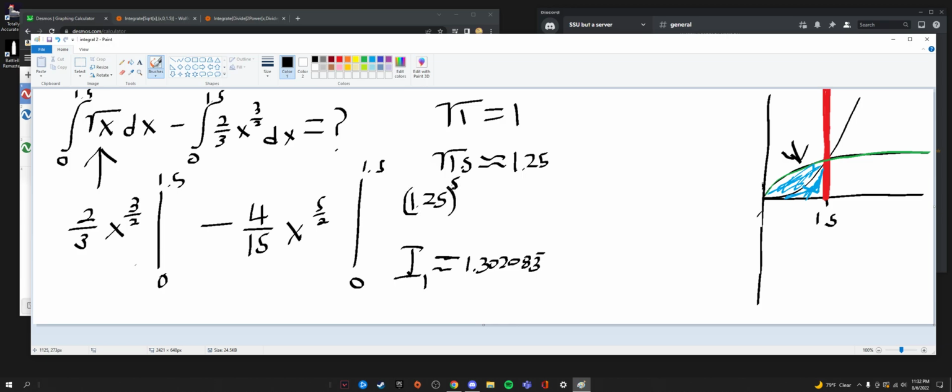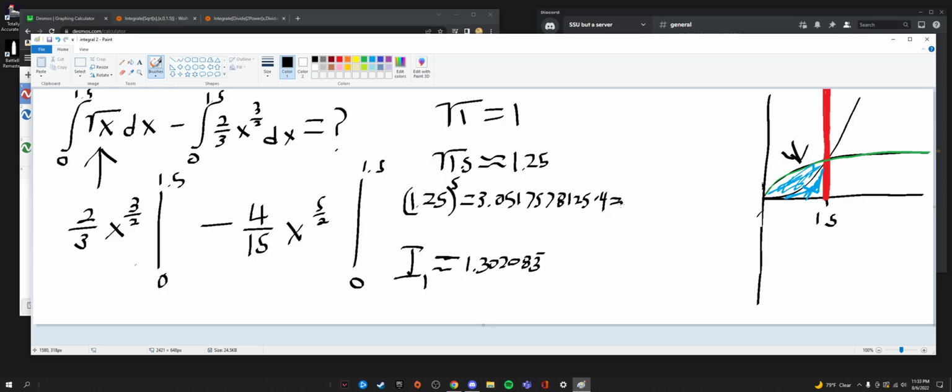Just use a calculator, it's so much faster. 1.25 to the 5th is, ooh, this one's a long one. 3.05717581225. And now we multiply this by 4.